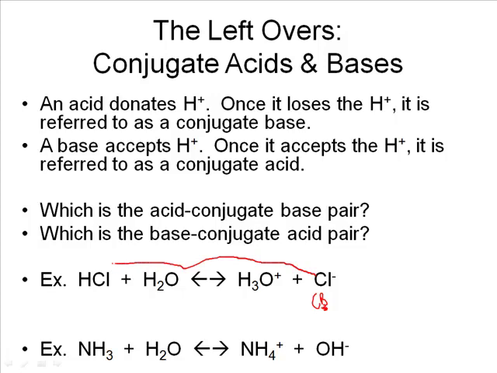This conjugate base is going to accept the H and become this. So now it becomes HCl. And over here, we said that acids lose. This has got 3 hydrogens, and we also call this our conjugate acid. This is going to lose one of those H's, like all acids do, and it's going to become plain old water.